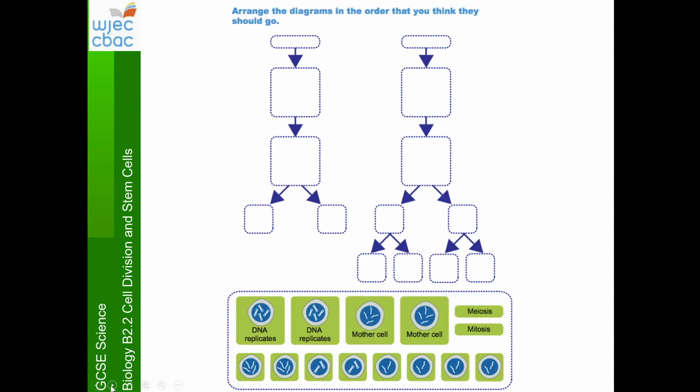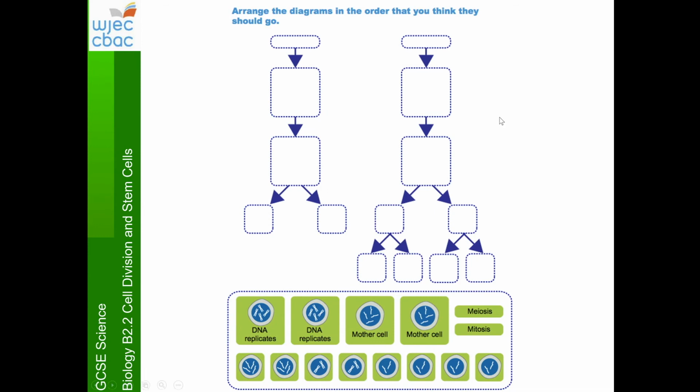The next task in your book, again, is a cut and paste type task. If you're able to either print off this page or draw it out to allow you to cut these out, you've got to arrange the diagrams in the order that they should go. One of these types of cell division has only 1 division and 2 cells. It should be pretty obvious.